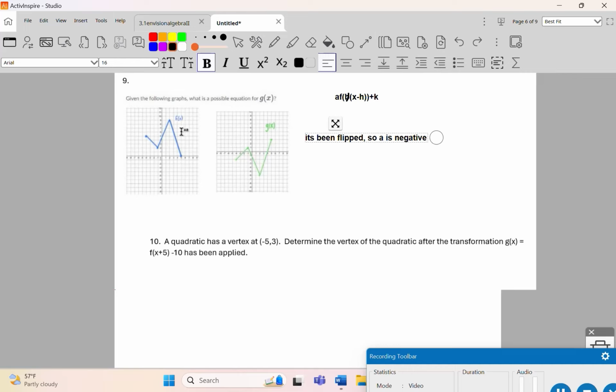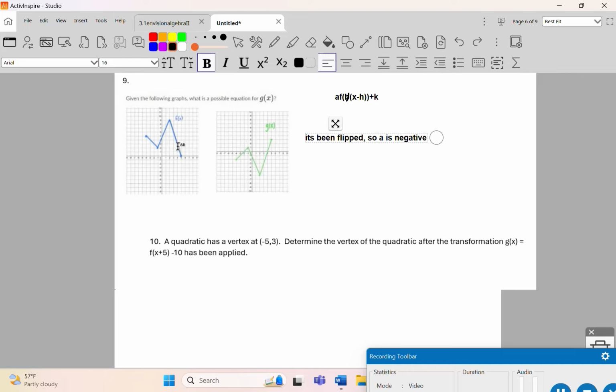I say that because of this. I'm looking right here at this dot. If it would have been flipped and flipped only, that dot would have been 2 units in the sky. I guess maybe you could think about reflections on the x-axis, but it's not a reflection on the x-axis, it's just been flipped.